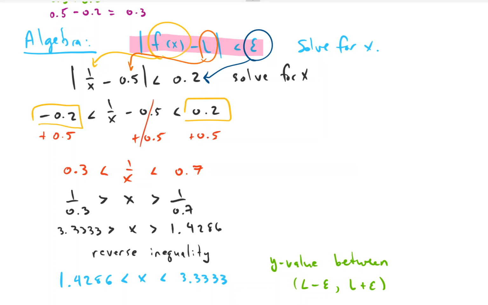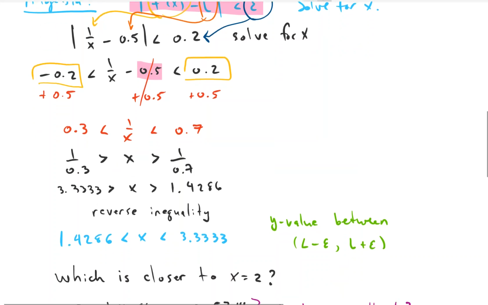Then the absolute values drop. And now we need to get rid of the 0.5 in the middle. So if we add 0.5 to each of the sections, then the 0.5 in the middle goes away, and we have 0.3 on the left, 0.7 on the right.